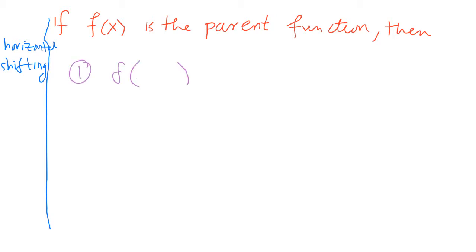F of x, see what will happen? F of x minus k. So the change is inside the function. What does it mean? I replaced x with x minus k. I removed x and replaced it by x minus k.